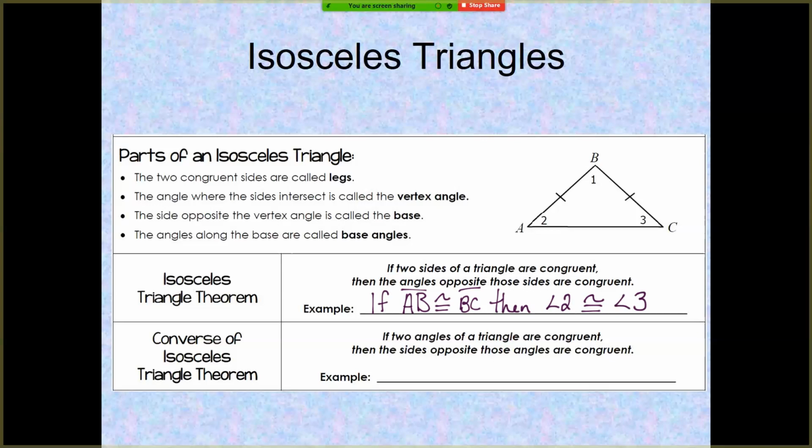And the opposite of that is true. If I give you that angle 2 is congruent to angle 3, then those two sides have to also be congruent, like that.